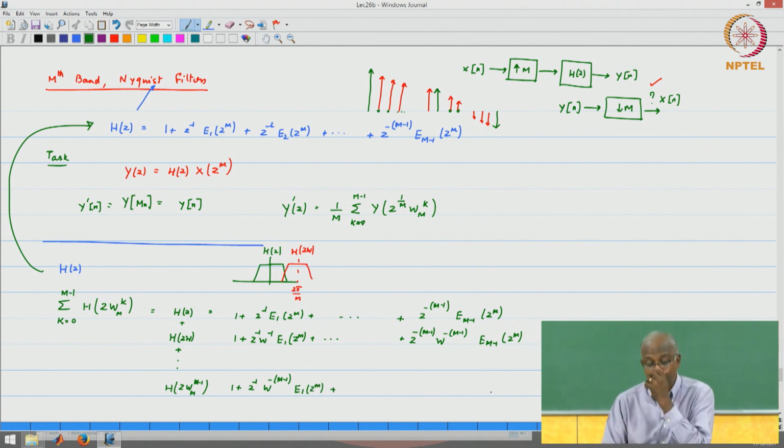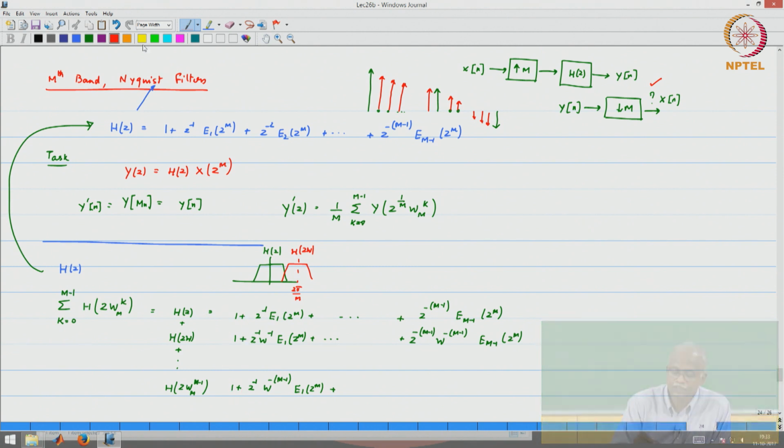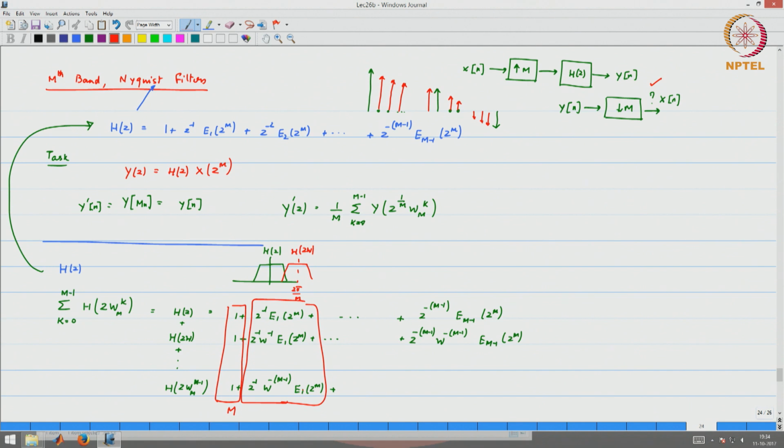I will just take the first equation, and so I have to add all of these. If I add this vector, I get m because all of them are plus 1s. Now if I add the next column, notice I have E1 z power m z inverse as common, and then what I will have inside.